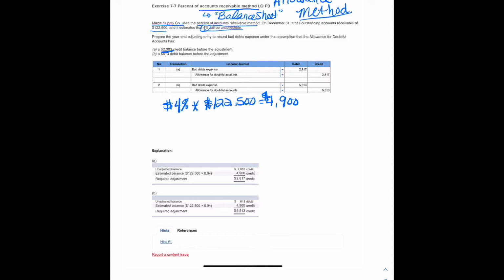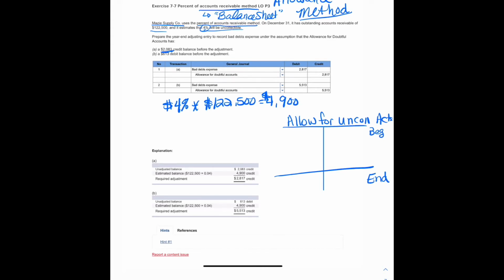So what that tells me is that when I look at my allowance for uncollectible accounts, so that's the T account we're drawing here, I'll have a beginning balance and I'll have an ending balance.